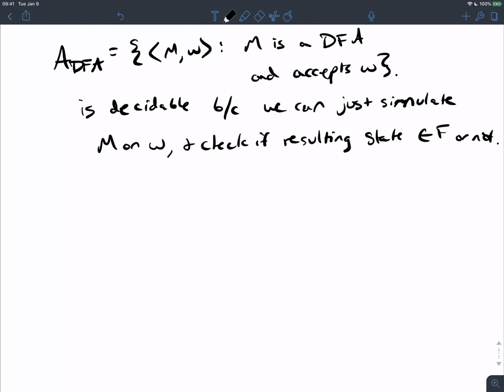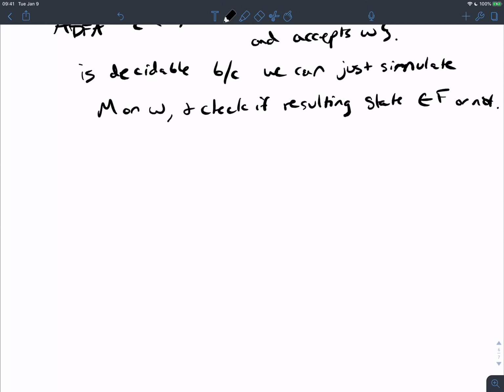Okay, well, what was the other problem that we talked about with LBAs that turned out to be undecidable? It was not A sub LBA, but it was E sub LBA, right? Because we reduced it from ATM to this. So you may think, well, what about the emptiness problem for DFAs? Is that still undecidable or what?